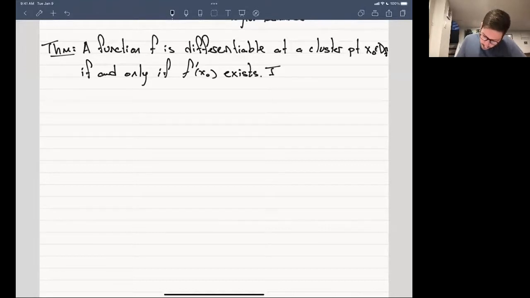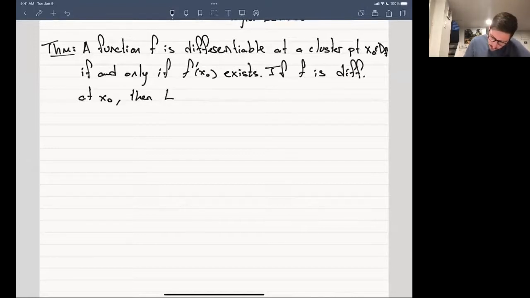And furthermore, if f is differentiable, I'm going to use DIFF to denote differentiable. It's a long word. It offers a massive opportunity for me to misspell it. So I'm going to say DIFF for differentiable at x0. Then, of course, your linear function L of h, well, that slope has to be f prime of x0 times h.